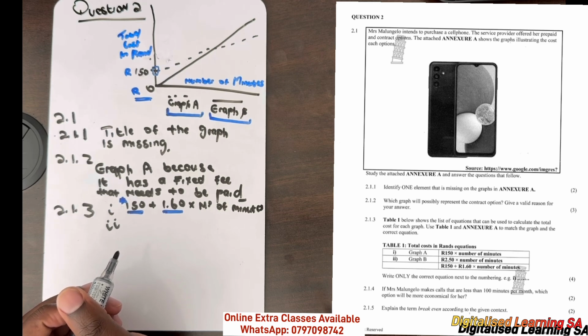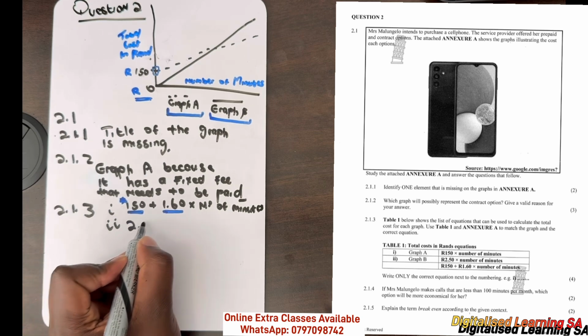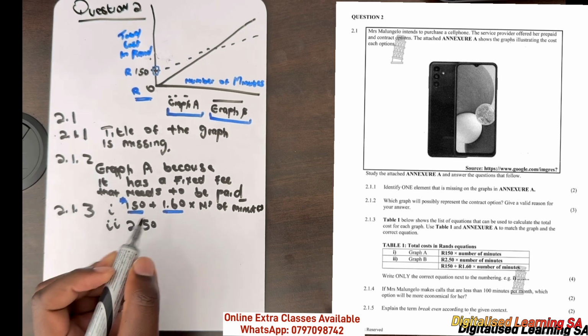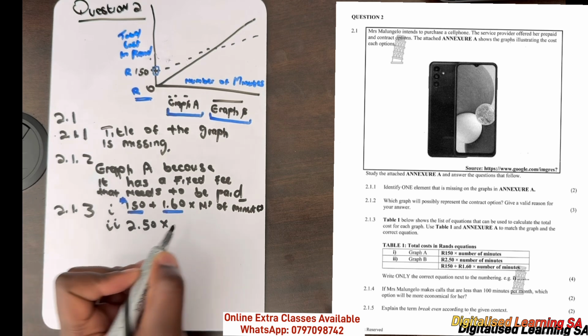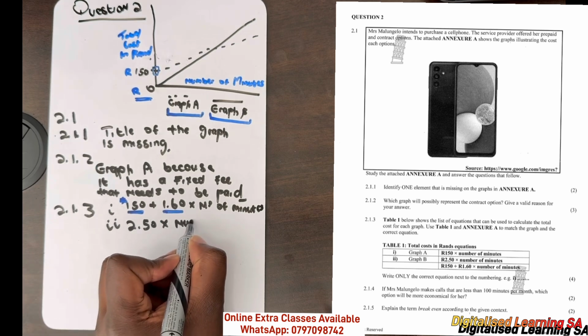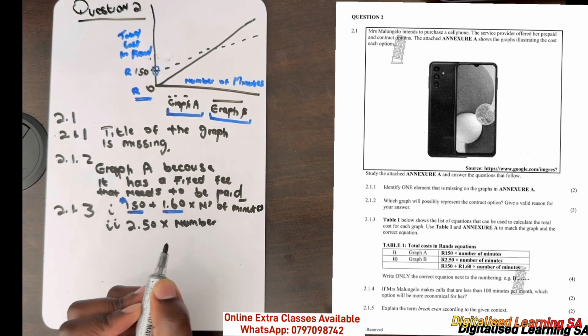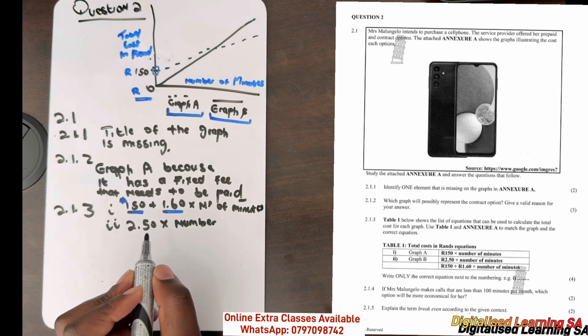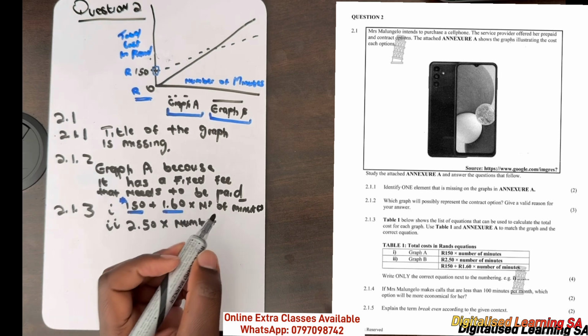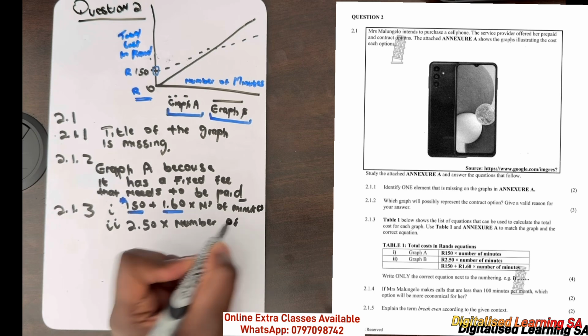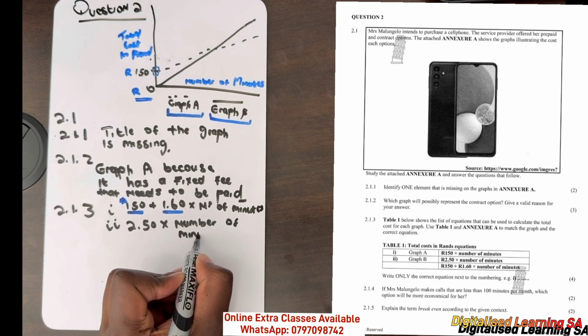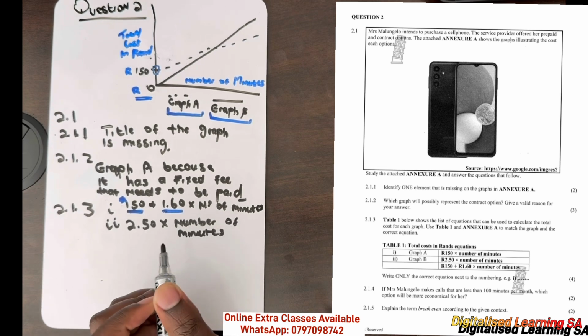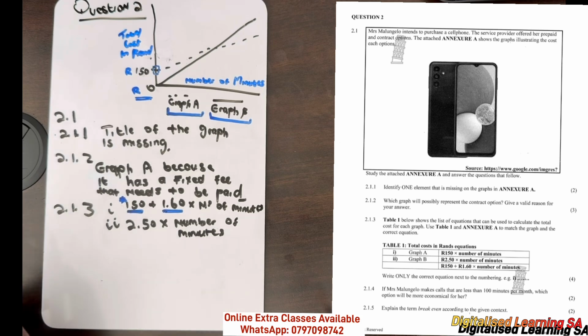In this case, there's no fixed fee, meaning that the cost per minute will be a bit higher. So the cost per minute is 250. So this is the prepaid option, number of minutes. So now we have answered question 2.3.1, and we'll be moving to question 2.1.4.